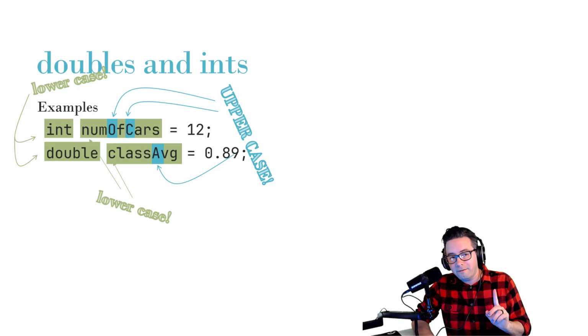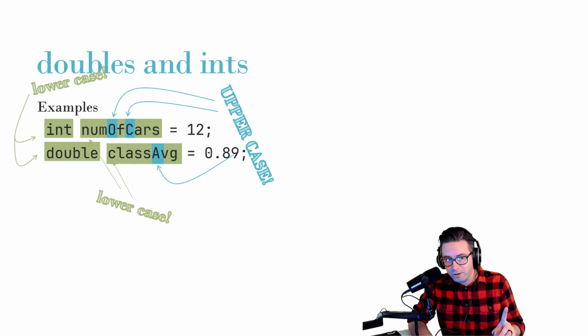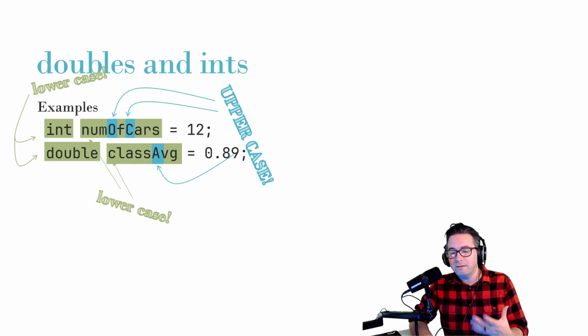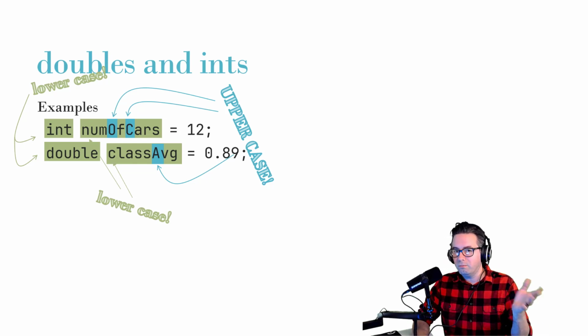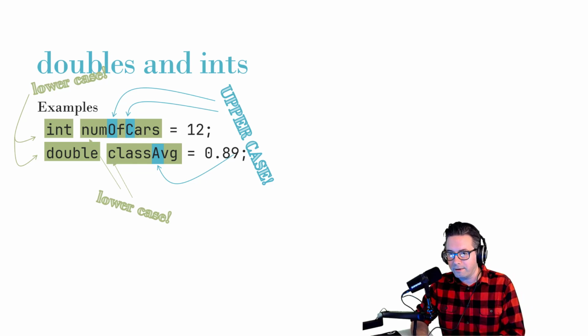The first letter of the first word is not uppercase, so this is considered lower camel case. We use lower camel case for variables and methods. We use upper camel case for class names. We'll get into that later, the names of our programs and stuff like that.